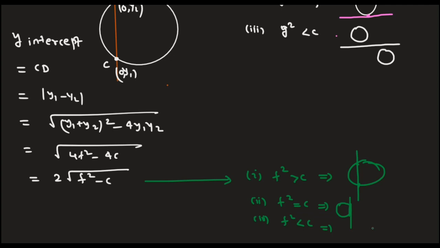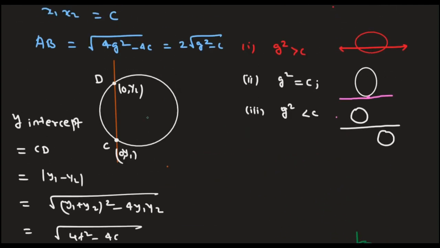In that case the circle lies entirely to the right of the y-axis or to the left of the y-axis, neither touching nor cutting the y-axis, so here or here it will be like that. So I hope all of you understand this concept of intercepts.